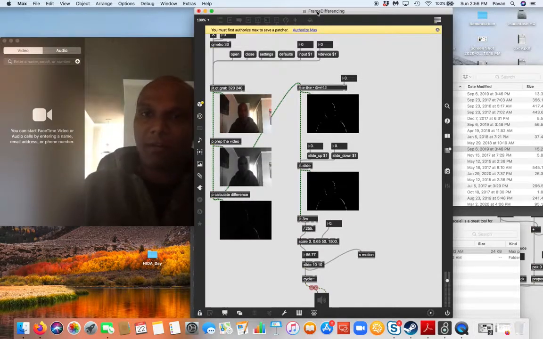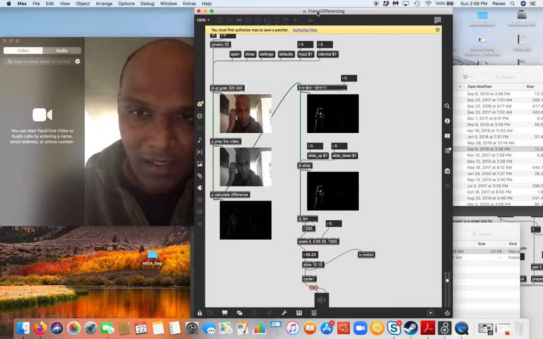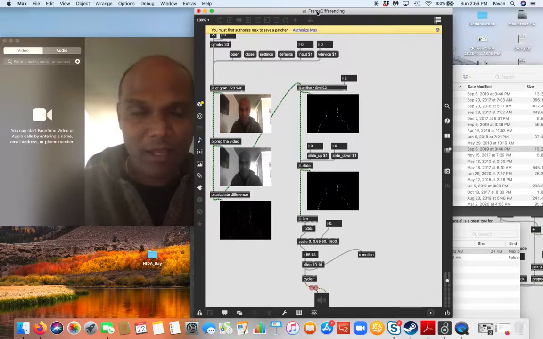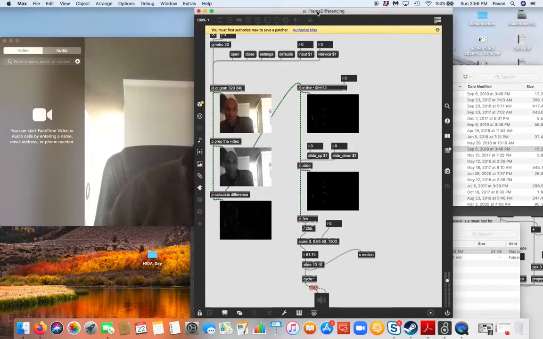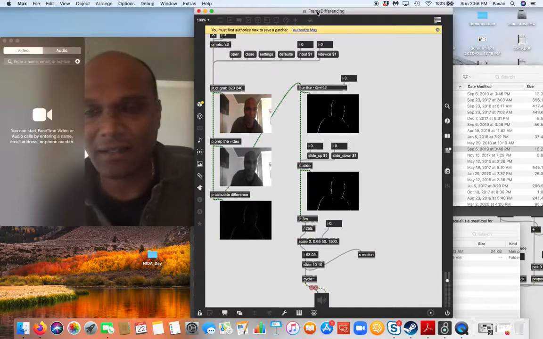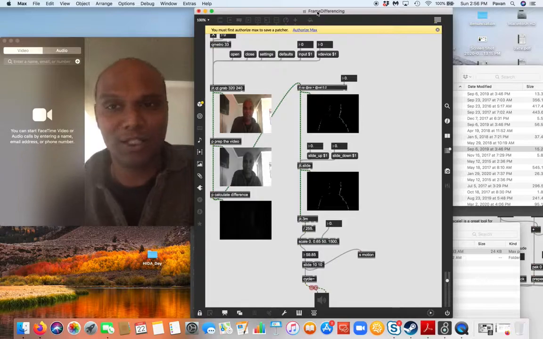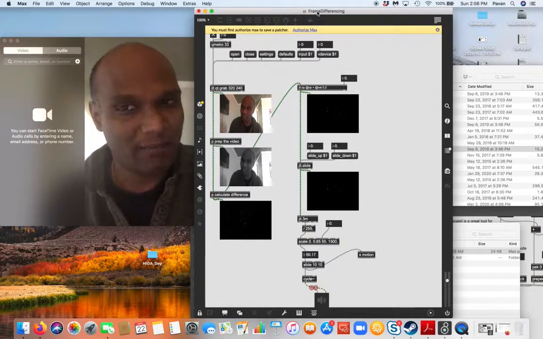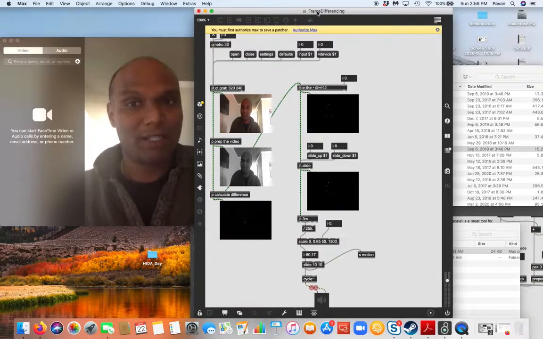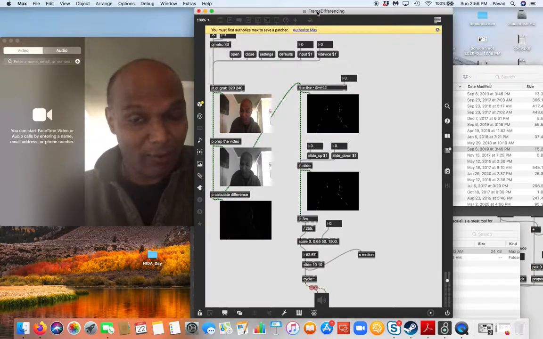So when I popped out, if you paid close attention, you would have felt that the picture was still changing just a little bit, because the picture still looks grainy even if I'm not moving.